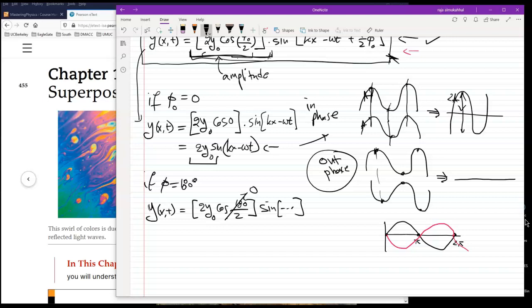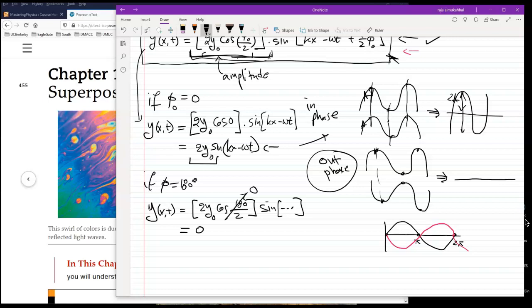You see what I'm saying? You got it? So basically we will get a total destructive interference, and you will have 0. No wave here. Okay.